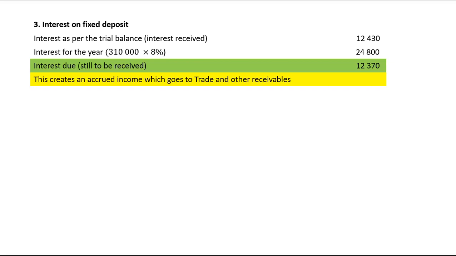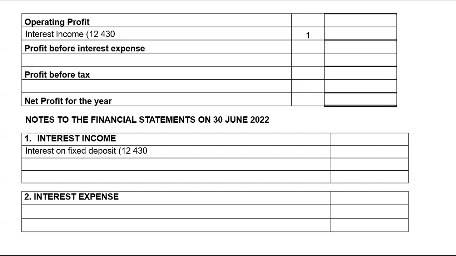Since it's my income in the current year, I am going to first start by adding it to my interest income note, which is note number 1. So I'm going to add 12,370 because we have not received it, so that our income, interest on fixed deposit, can go up to 24,800.